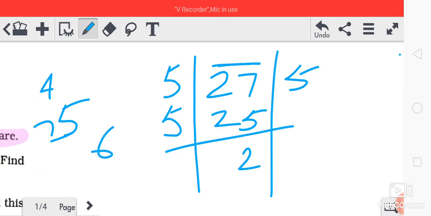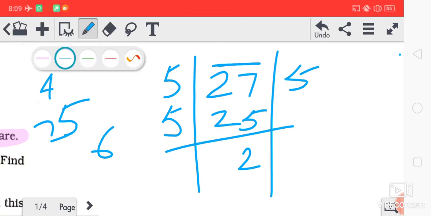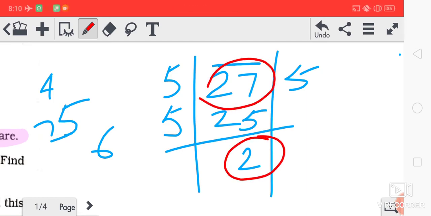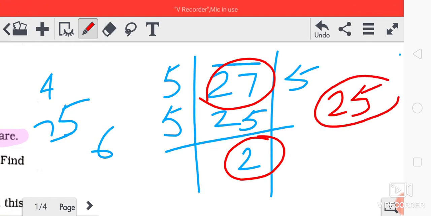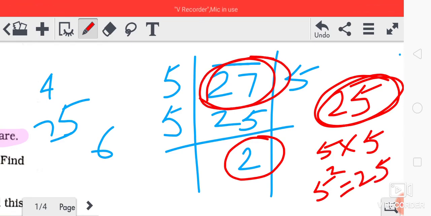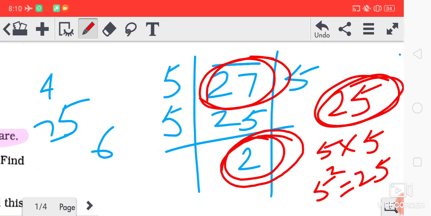So if this 2 is subtracted from 27, then how much will it become? It will become 25, and 25 is a perfect square. We get 5 into 5, 5 square is equal to 25. So in 27, whatever is the remainder here, like in division, if we subtract this 2 from 27, it will become 25, and 25 is a perfect square.